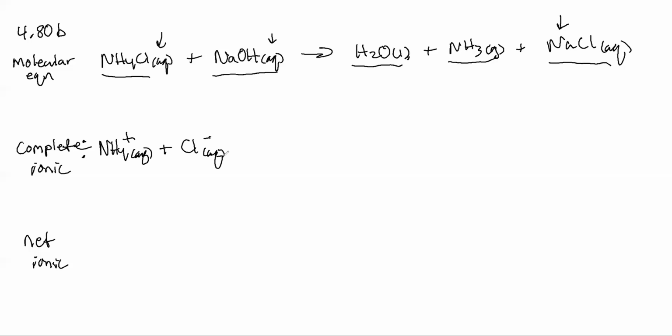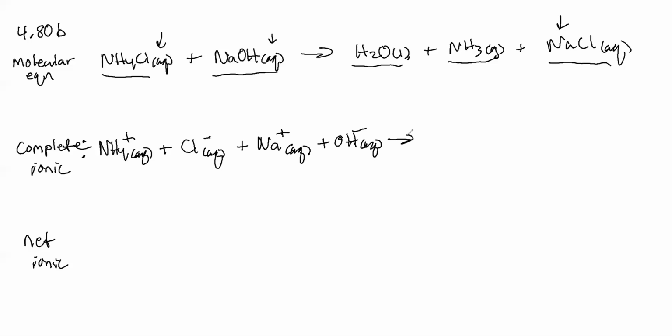The chloride ion has a negative charge because it's a group 7 halide. Then the sodium ion and the hydroxide ion, and again, those charges have to be included. Sodium, group 1, is plus 1. Hydroxide, one of the polyatomics you need to know, has a -1 charge.